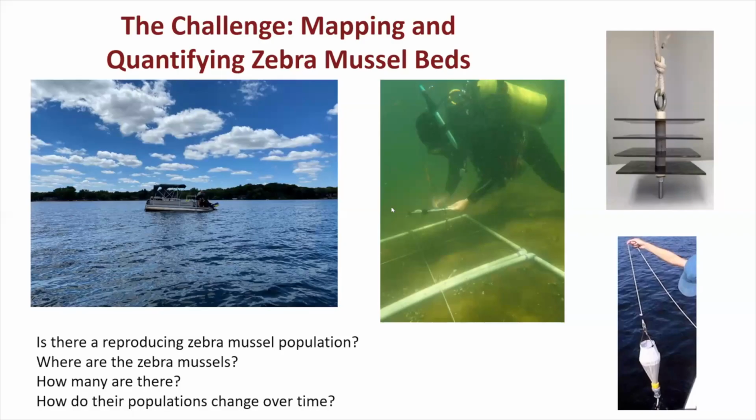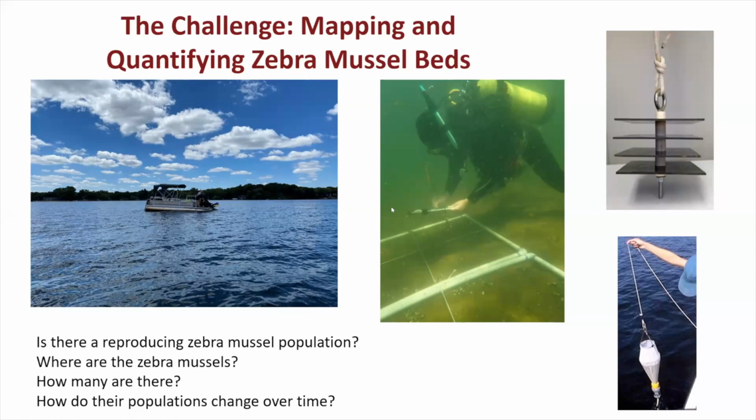The motivation behind this project is really the lack of ability to collect information at a large spatial scale on zebra mussel habitat and zebra mussel distribution. Current methods such as scuba diving surveys are really limited in the amount of data that you can collect.